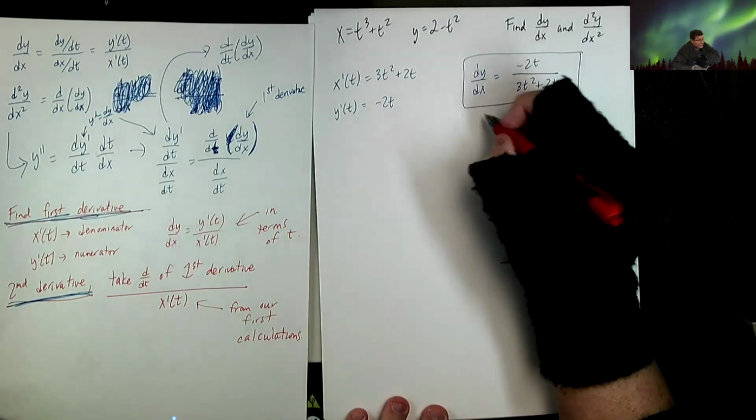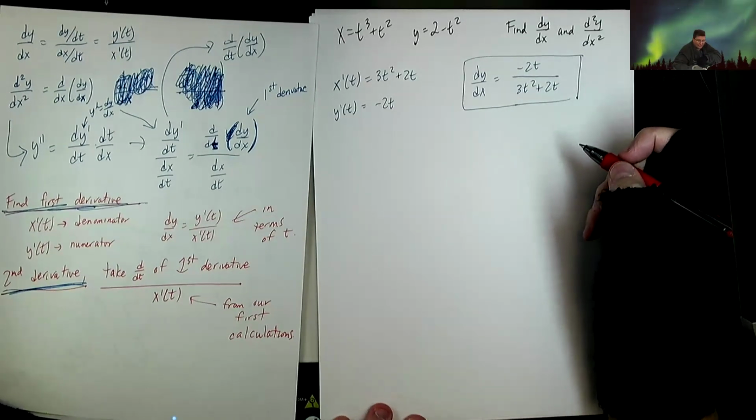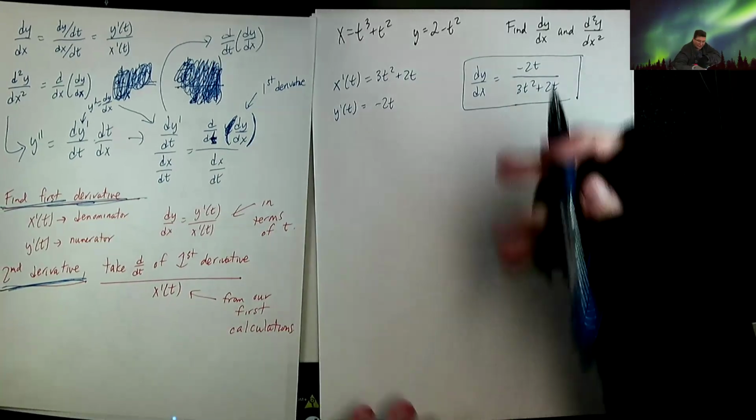It's a good idea. In fact, that's a really good idea. I was gonna try to take the time derivative of this without reducing, and that was gonna be a bitch.